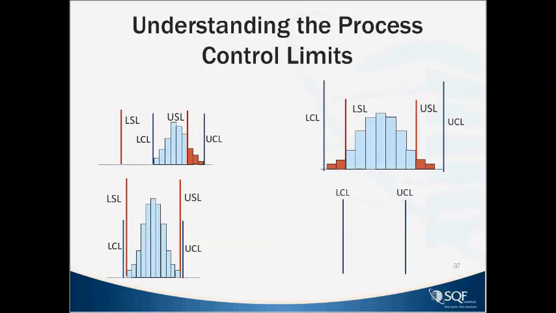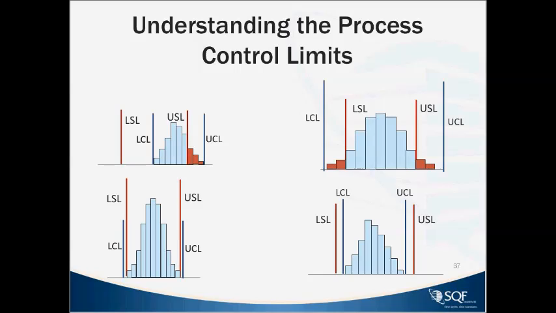And similarly to this point, where the upper and lower control limits are pretty much the same as the lower and upper spec limits, we're doing a fairly decent job. But if that process moves either to the left or to the right, we're going to make out of spec product. The best scenario is where our spec limits are outside of our control limits, putting the process in a better place so we're not making out of spec product.